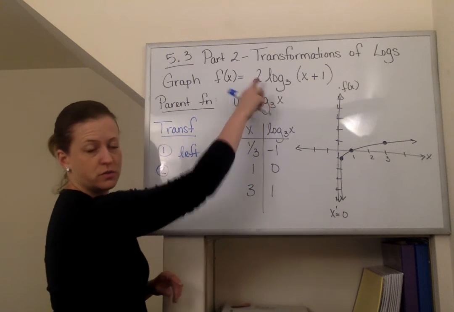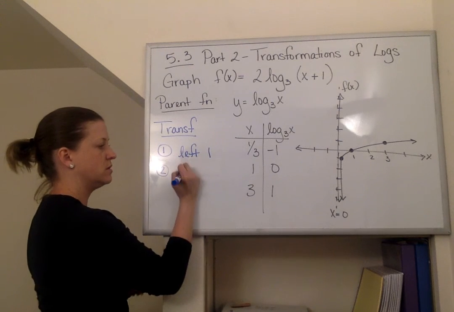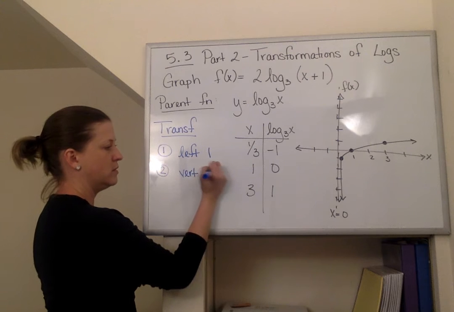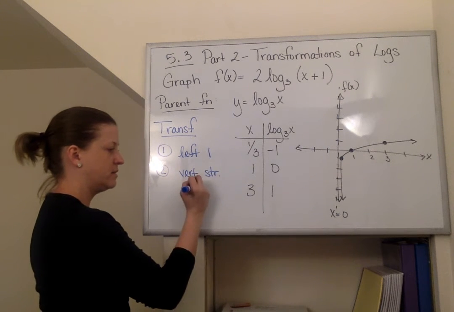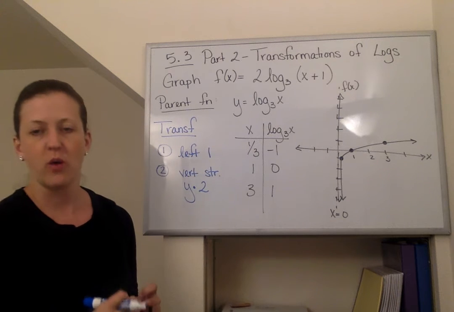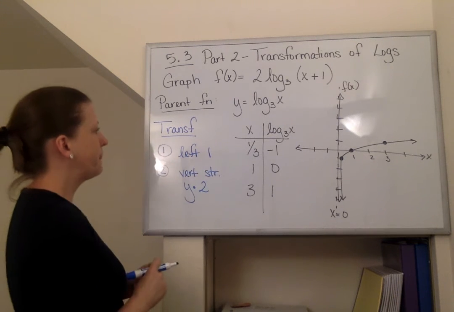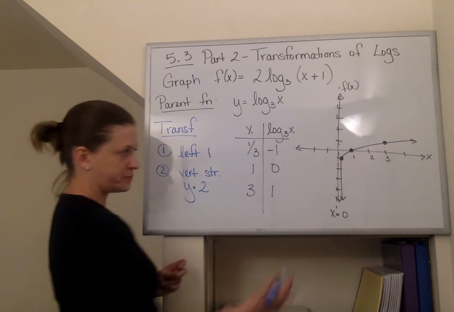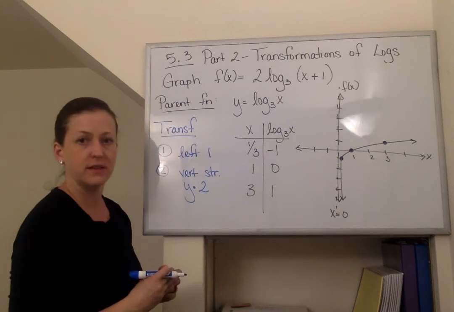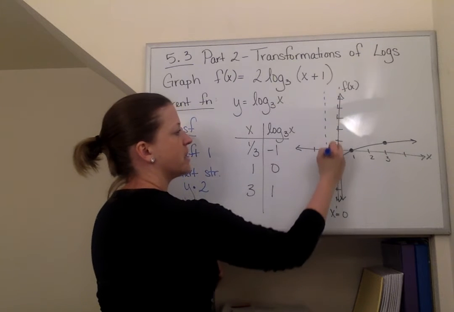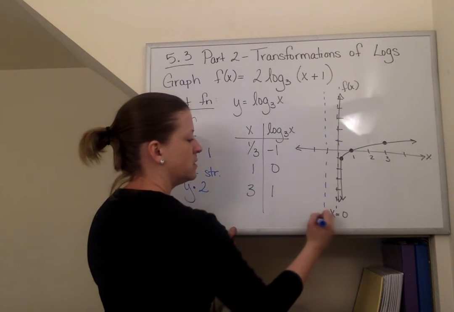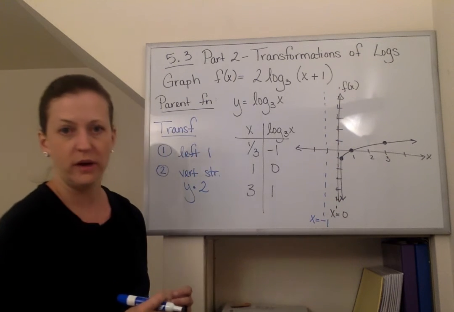And then the 2 is going to be a vertical stretch. But the way to actually do that is we're going to have to multiply our y values by 2. So, if I move my graph to the left 1 unit, be really careful here because that moves your asymptote as well.